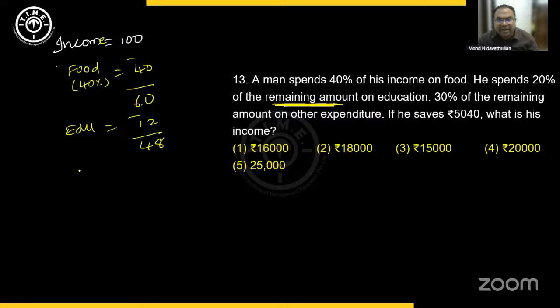30% of the remaining amount on other expenditure. It has to be 30%. 10% is 4.8, 30% is 14.4. If I subtract this, it will be 33.6.